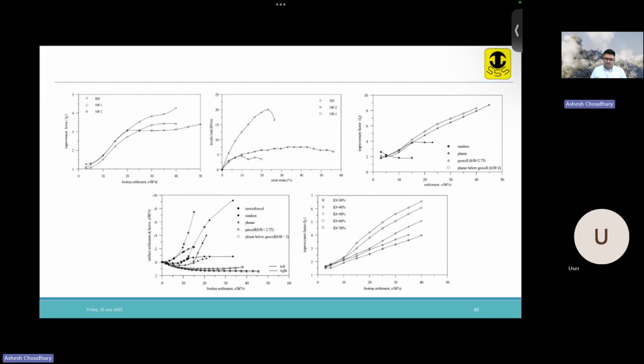Now here you can see some results that are presented. A biaxial geogrid is placed, and two types of needle-punched geotextile are placed. What are the different behaviors of the improvement factor with the footing settlement? You can see here.